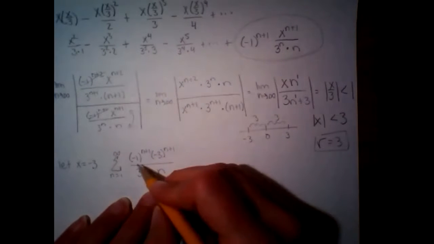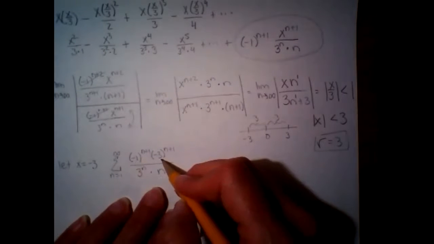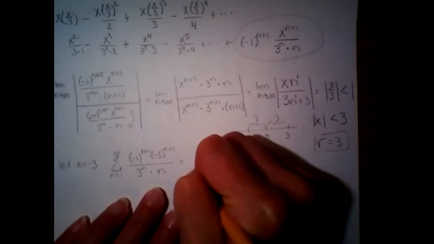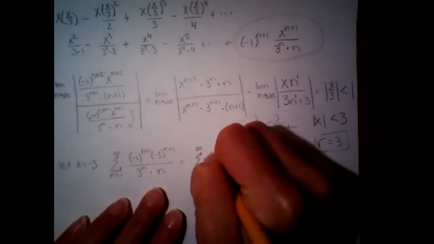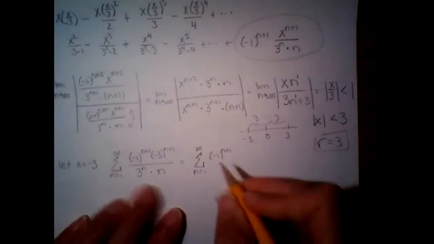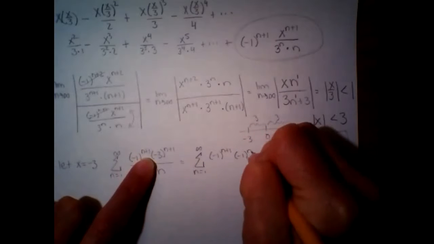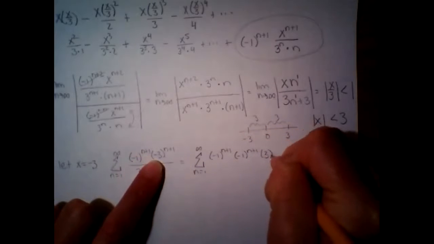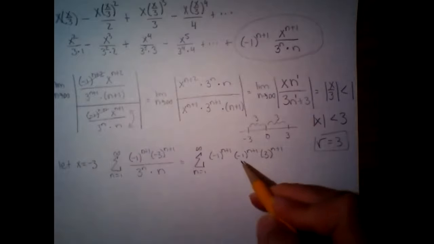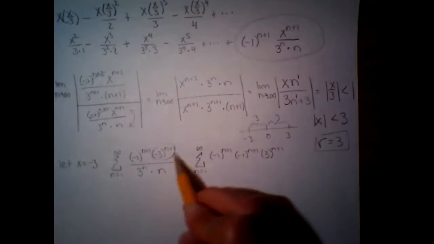All right, so this is negative and this is also negative. I'm going to rewrite this so that I'm taking the negative out. So here's that first part. I'm going to rewrite this as -1 to the n plus 1 and then 3 to the n plus 1. I just separated this part.